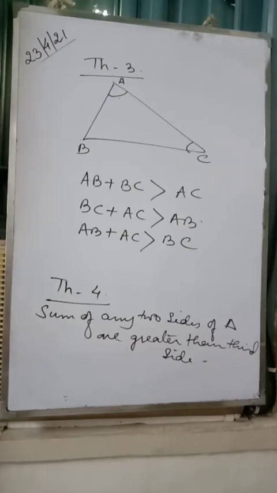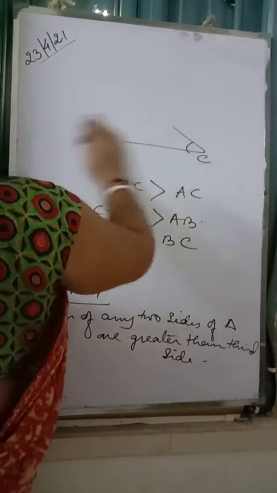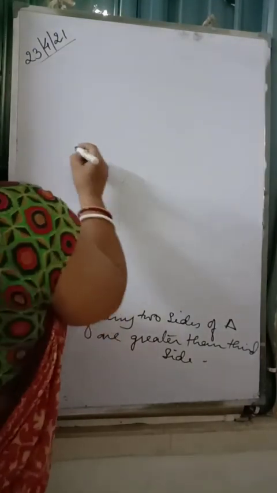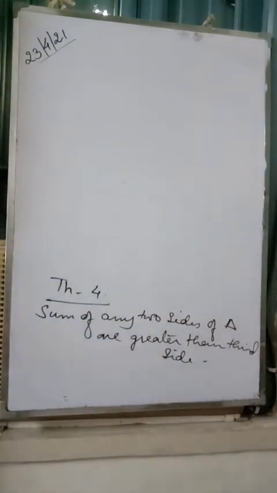Then theorem number 5 says if all straight lines are drawn to a given line from a point outside it, the perpendicular is the shortest. Just see the example.